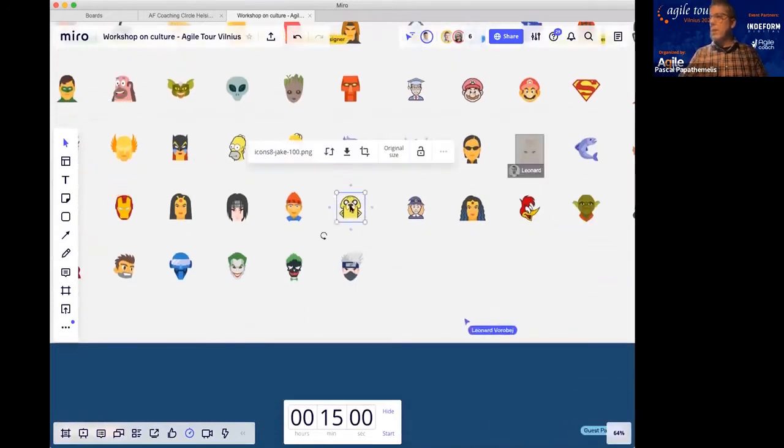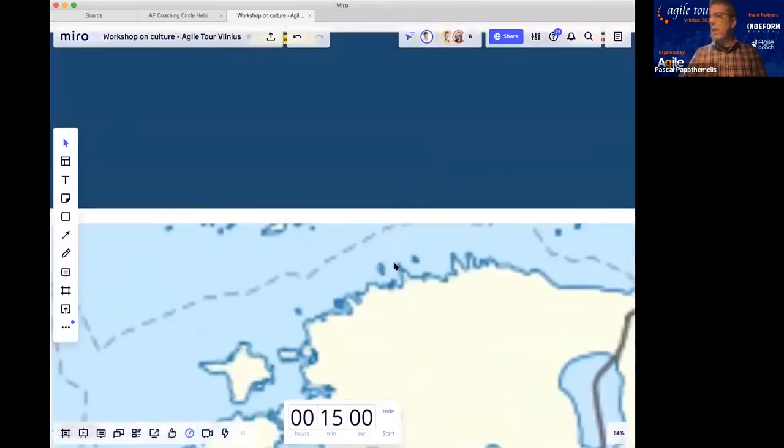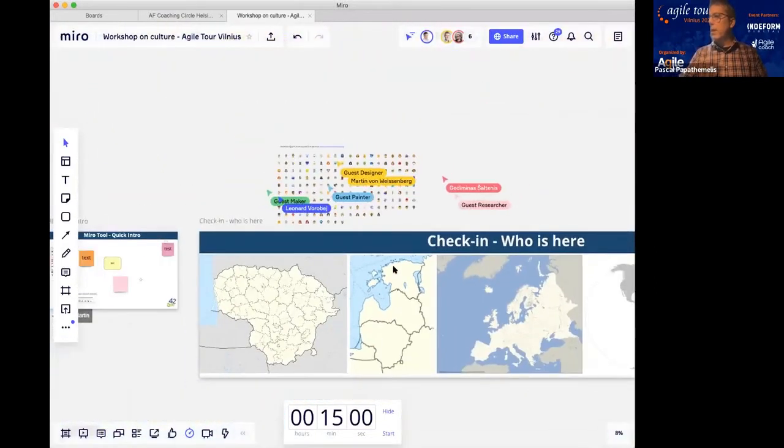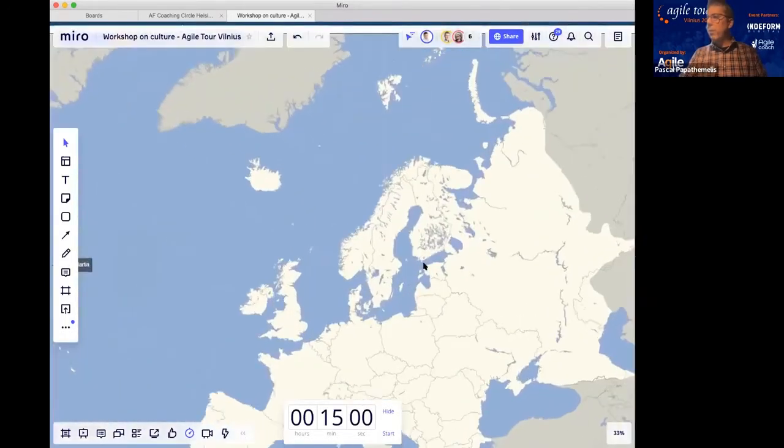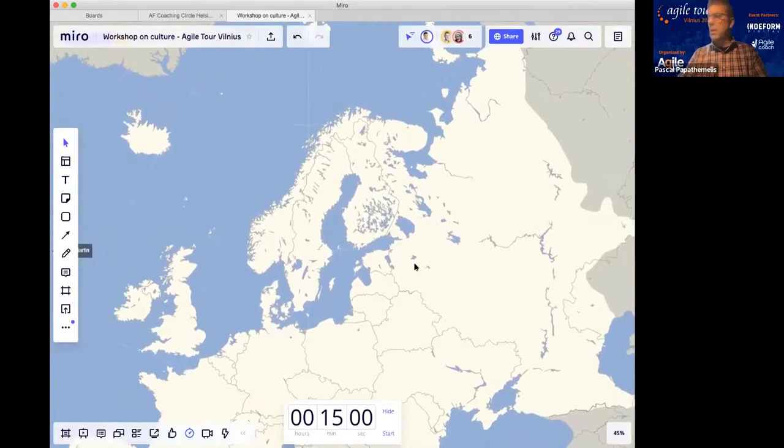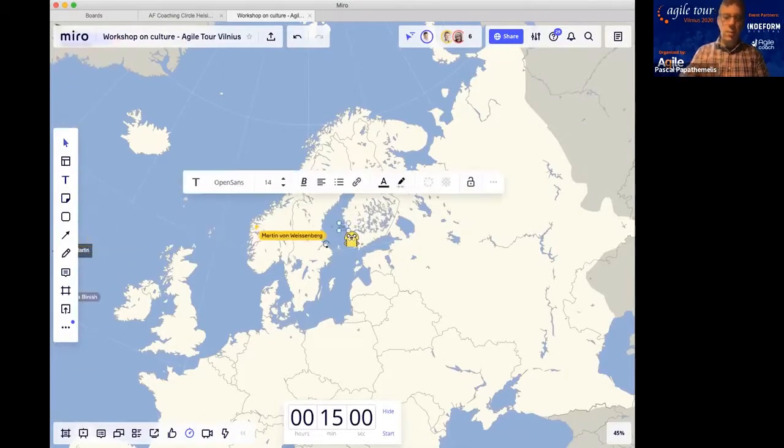If I take that now, in my case, copy it, and I'm located actually in Helsinki, so I will paste my character here where there is Helsinki. And then I can also add a note or some text next to it, like Pascal here.